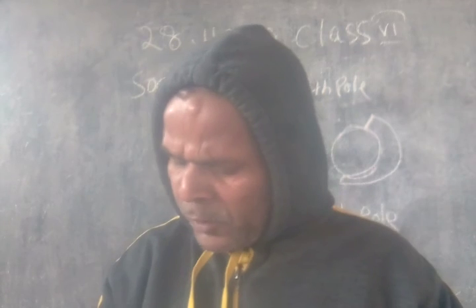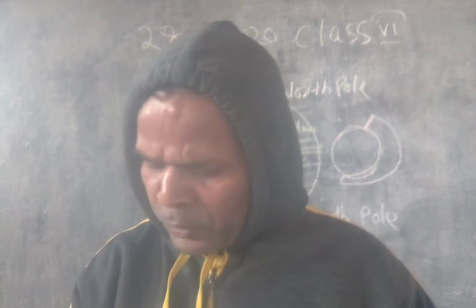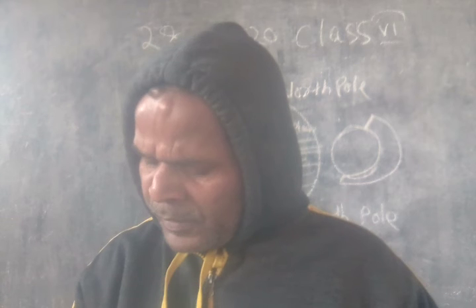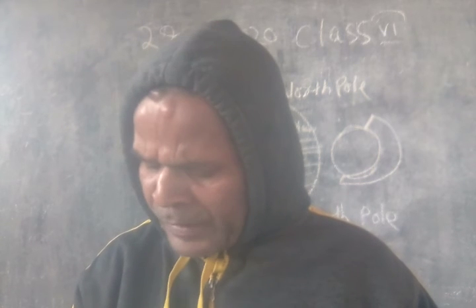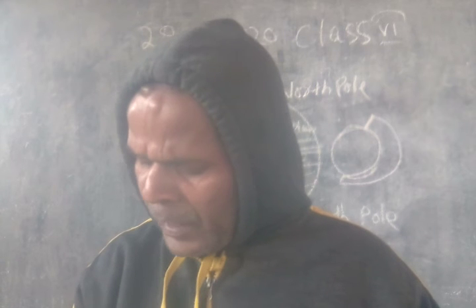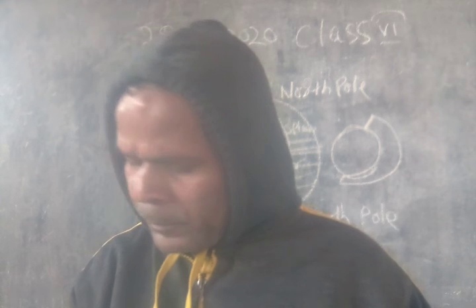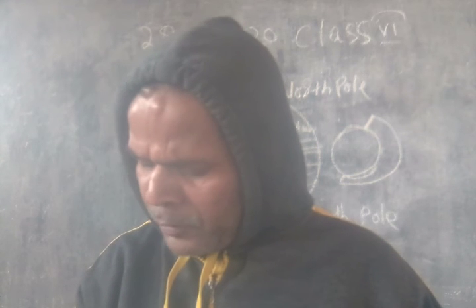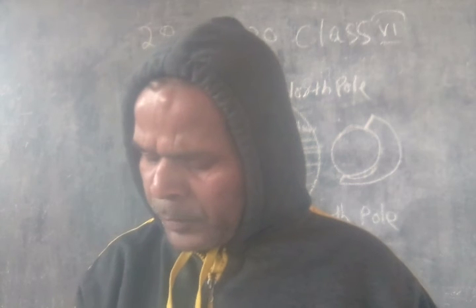The equator drawn in the middle of the globe is exactly between the North Pole and South Pole. The equator cuts the globe into two equal halves known as hemispheres. Hemi means half and sphere means globe. The northern half is known as the northern hemisphere and the southern half is the southern hemisphere.